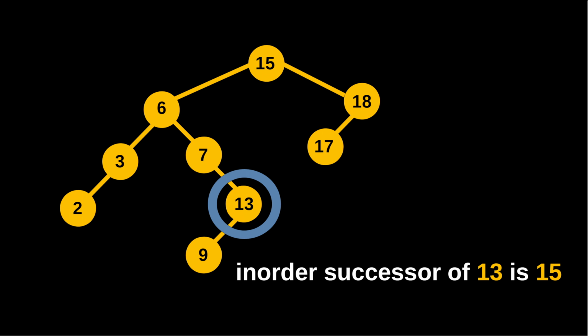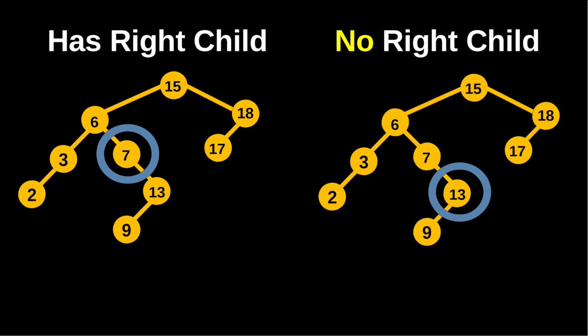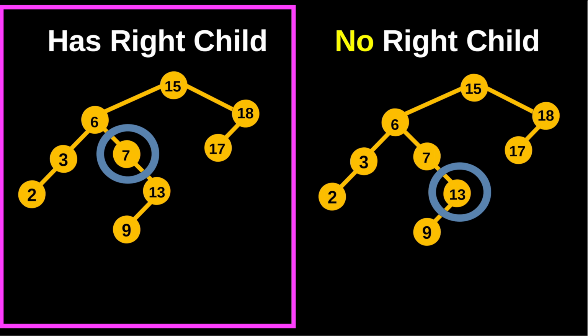Basically, there are only two scenarios. When the node that we are given has a right child, so in this case, the node 7 does have a right child, then we know the in-order successor of 7 must be in a subtree below 7. In fact, it's in the right subtree below 7, so we have to search downwards, and find 9.